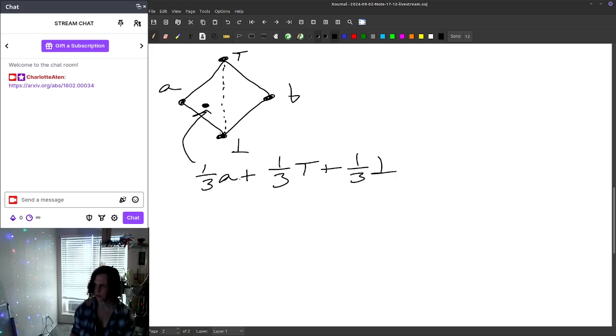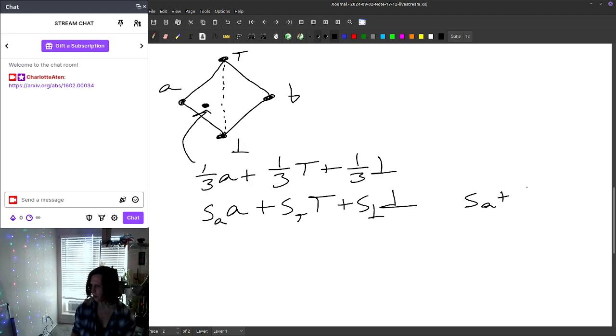Or just in general, we could have s_A times A plus s_top times top plus s_bottom times bottom, where these guys have to add up to 1.